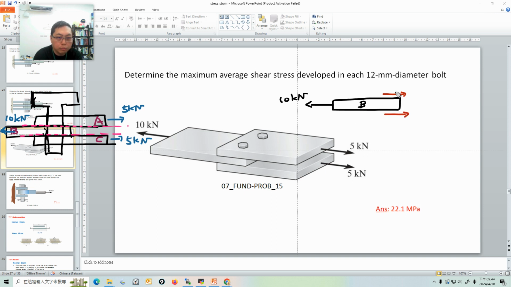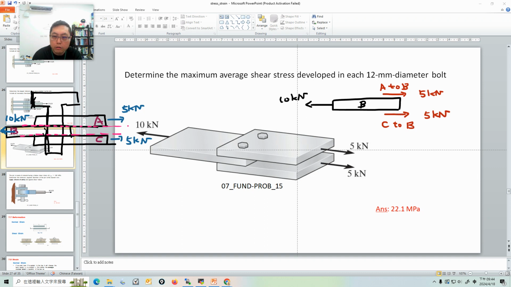This is from A to B, and this force is C to B. They must be equal to each other and hold B from translational motion. So this must be 5 kilonewton here, and also 5 kilonewton here. This is the free body diagram of B.